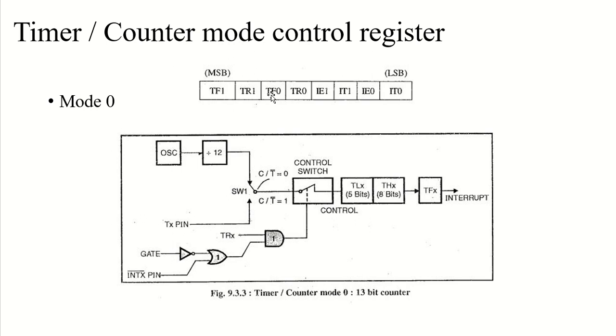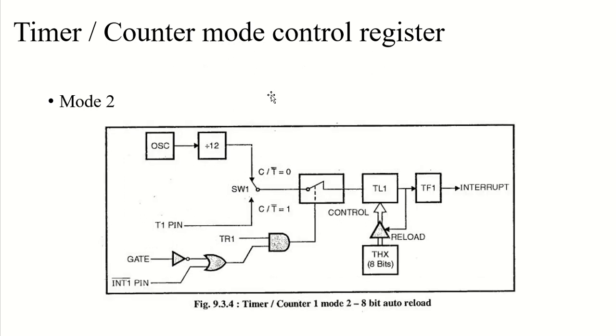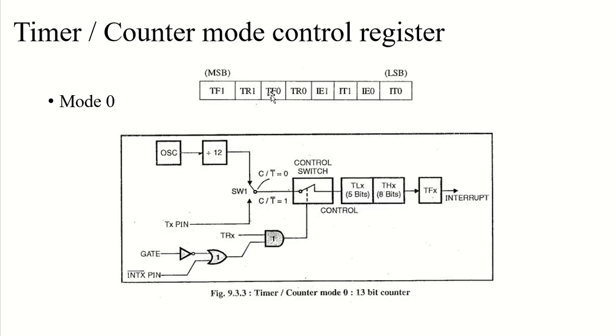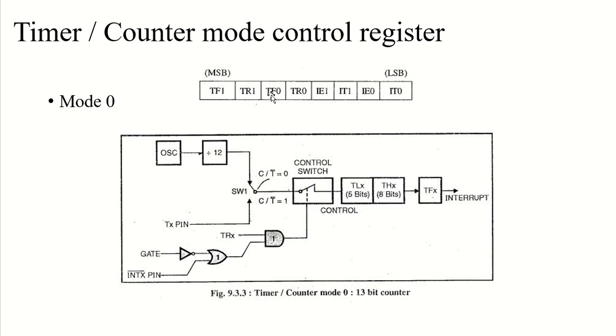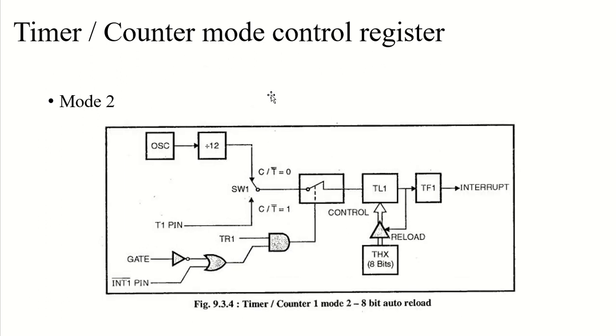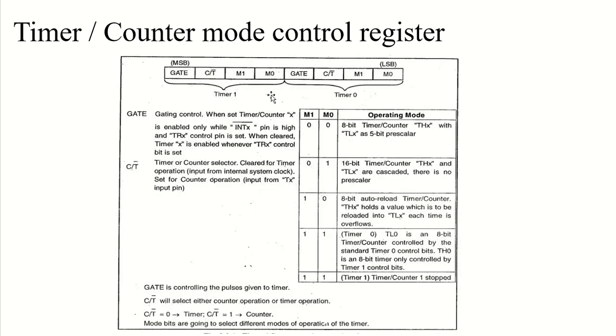Now moving from mode 0 to mode 1, what will happen? In mode 1 of a timer or counter, the operation is the same as mode 0. See this figure and this figure. You would see most of the operations are the same, except we have different TL and TH values. We have a 16-bit timer counter.